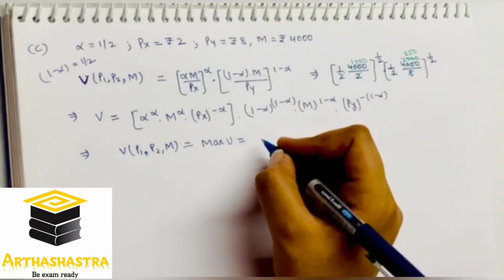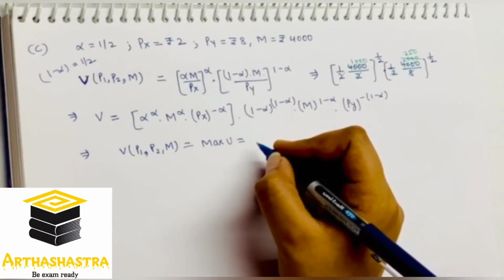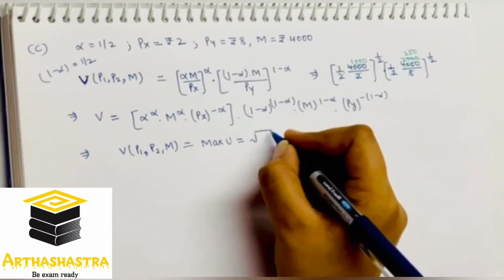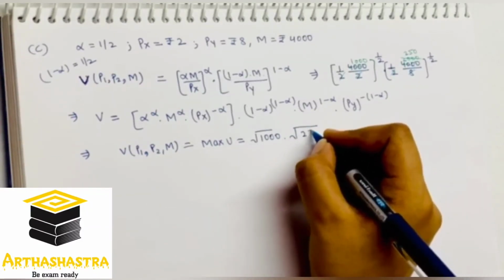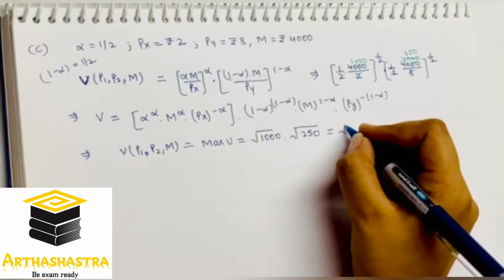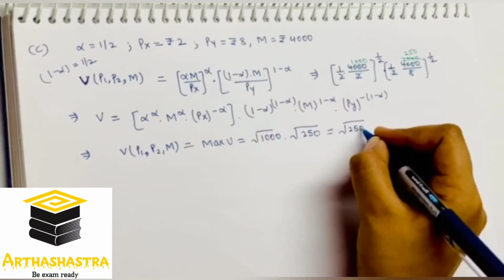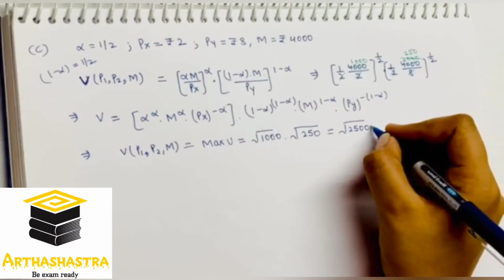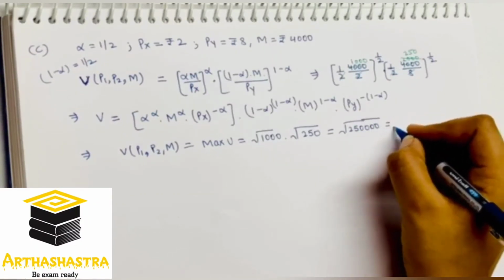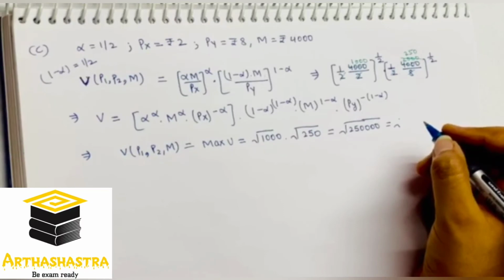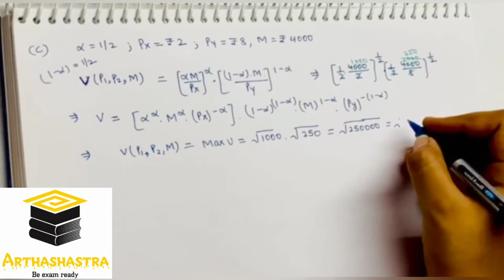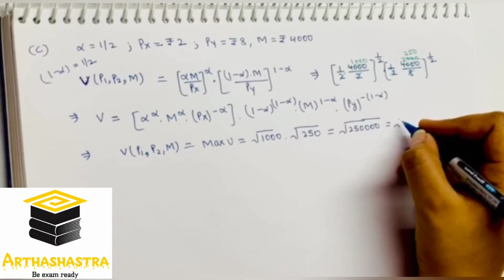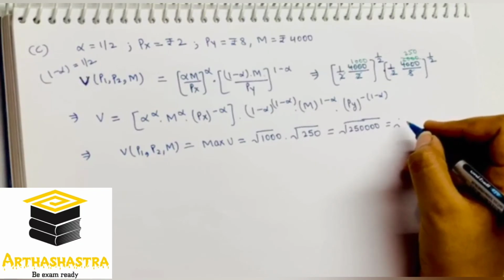So we have under root 1000 times under root 250, that will be equal to square root of what? Not the square root of 50, it will be the square root of 250,000.